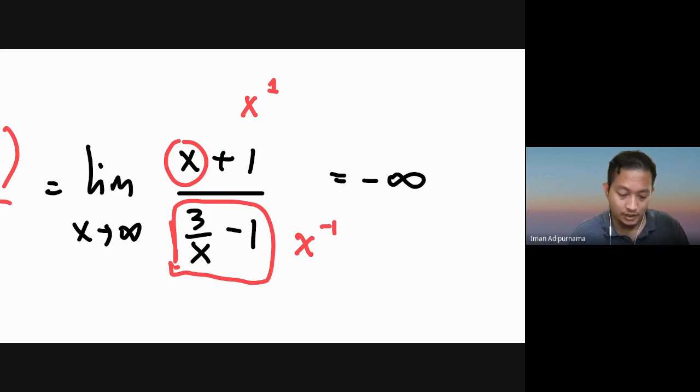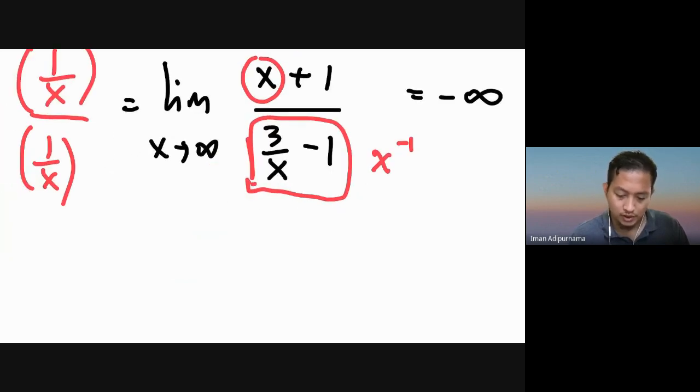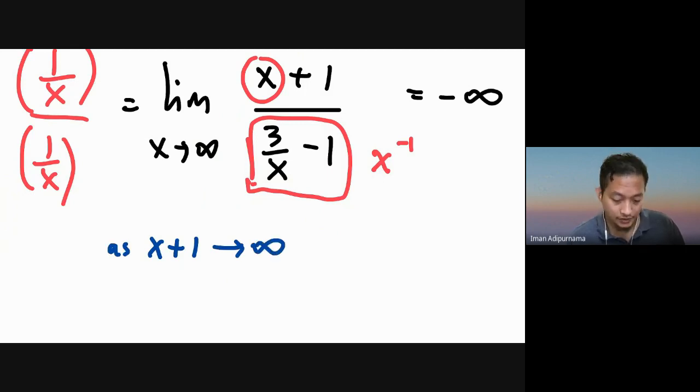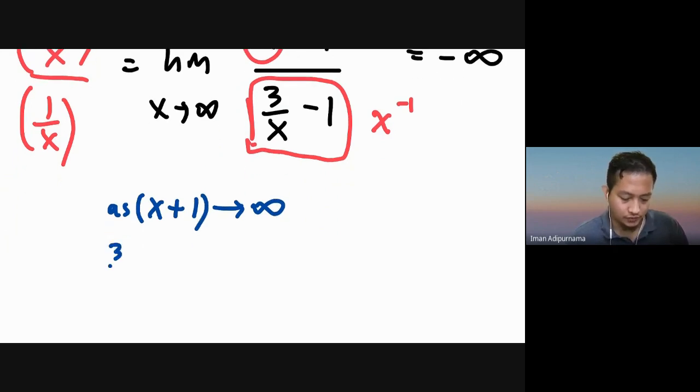We can argue that because as x plus 1 gets to infinity, 3 over x minus 1 will get to 0.